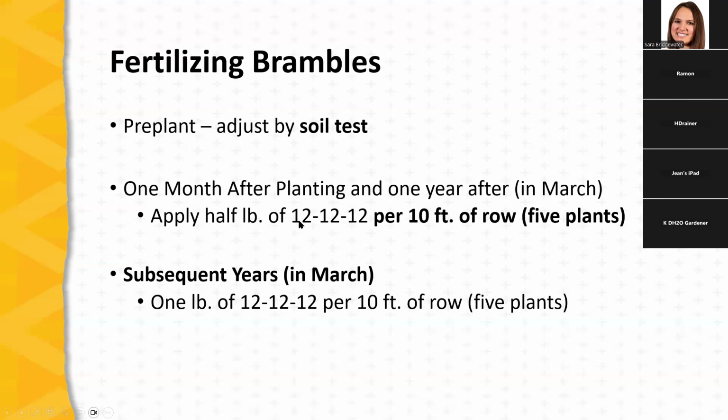The first number is for nitrogen, the second number is for phosphorus, and the third number is for potassium. Different types of formulation may have different numbers or different concentrations of each of those three elements. So you want to make sure to understand that to calculate how much fertilizer you need depending on the recommendation.